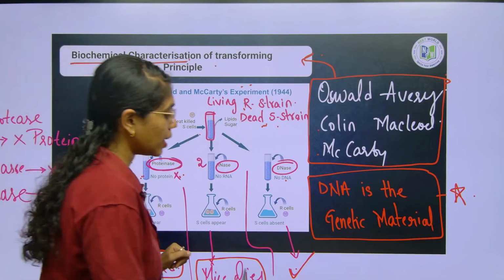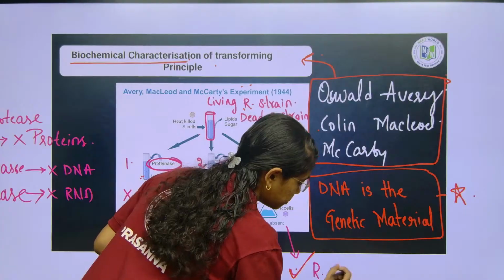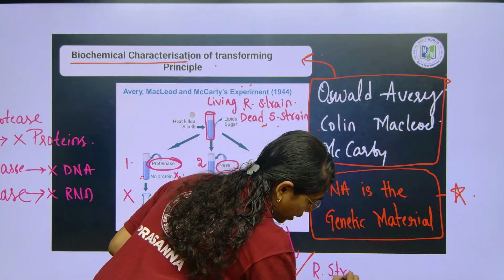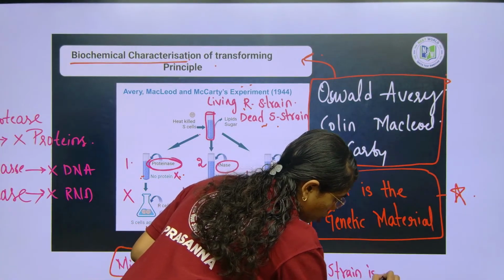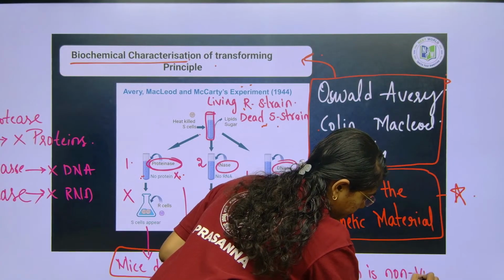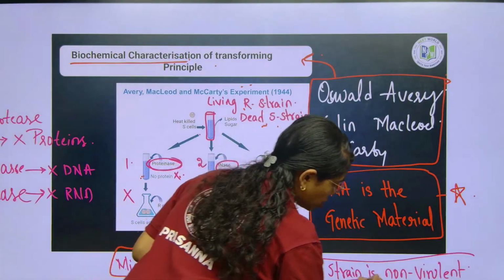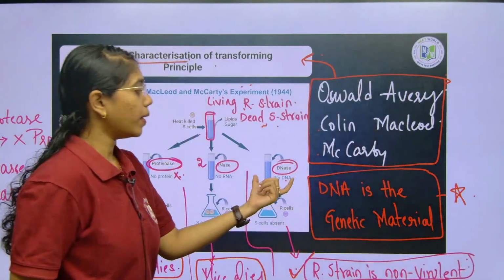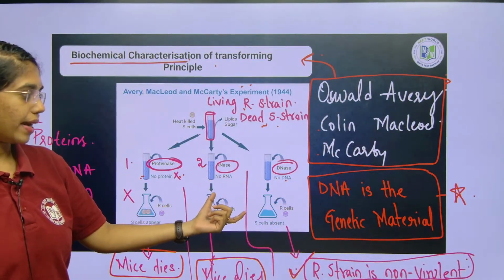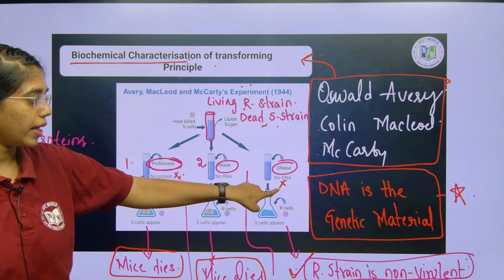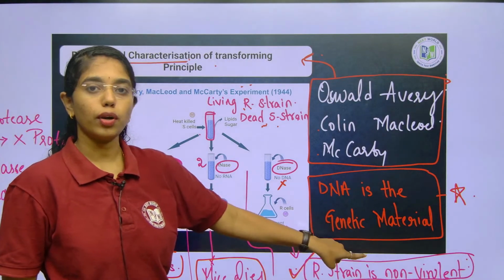Here the R strain is non-virulent. Fine, right? R strain is non-virulent in the third phase when DNase is added. That means in the absence of DNA, R strain is non-virulent itself.